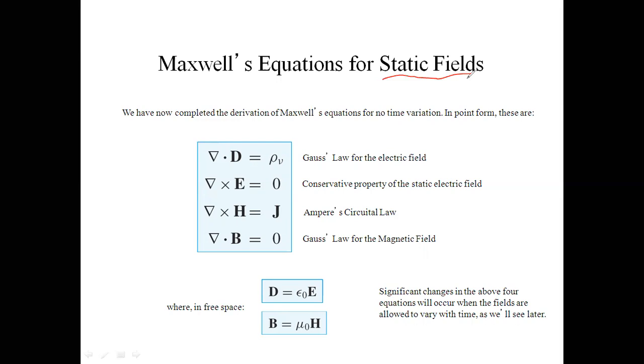See, del dot D is equal to rho v. We have studied, yes or no? This is Gauss law in electrostatics. Del cross E is 0 for a static field. It is always conservative, yes or no? Del cross H is J, we have studied. And del dot B is 0.